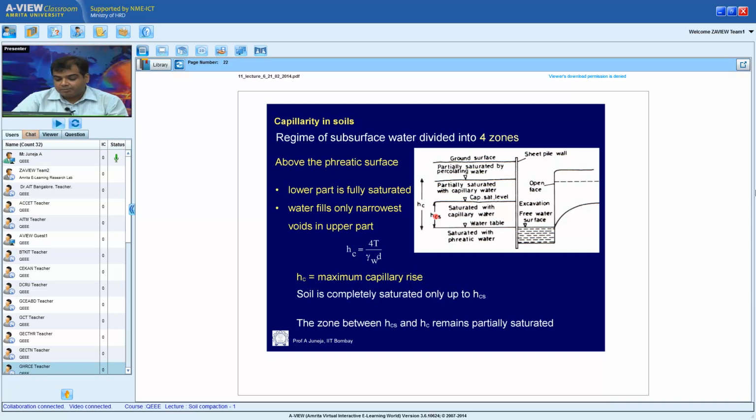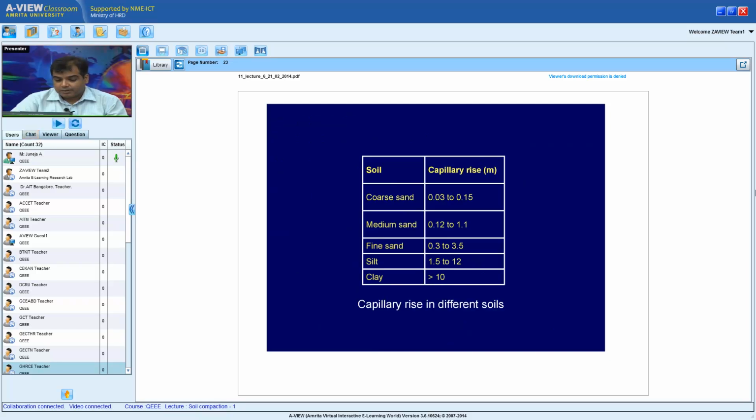For the time being, I'm not so worried about why we have used this particular nomenclature, but it represents the height over which the soil will remain saturated, and definitely it's less than the capillary height. People have made a lot of observations, and this height HCS for various soils has been listed in this table.